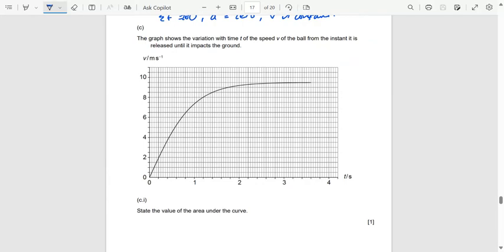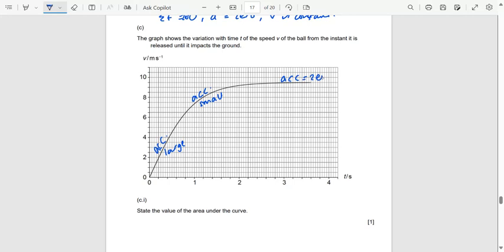We can see it's reached terminal velocity because it's a v-t graph. So here is the acceleration, the gradient. Acceleration is always the gradient. Now we've got a steep gradient here, so the acceleration down is large. The acceleration is getting small, and then finally the gradient of a horizontal line is 0.